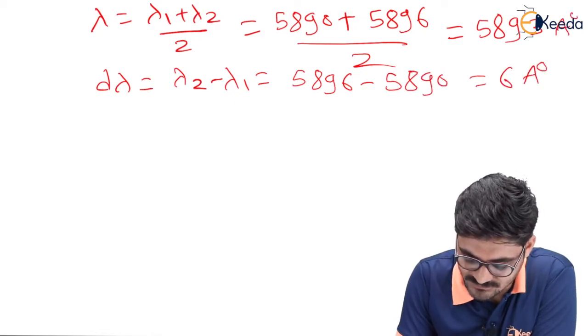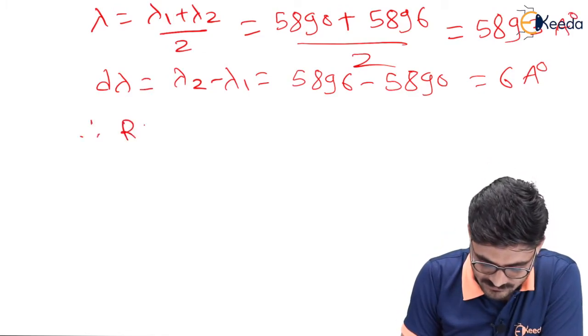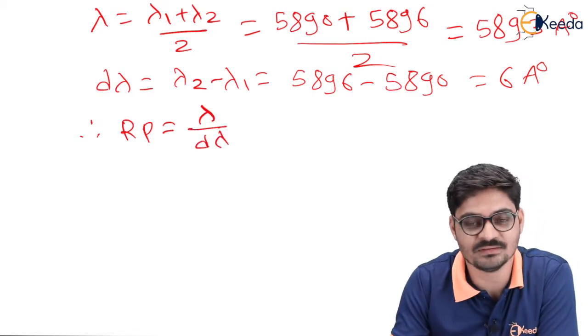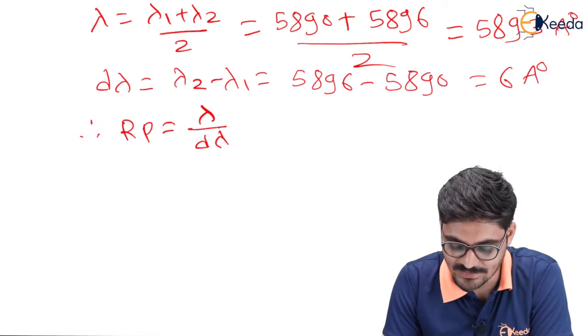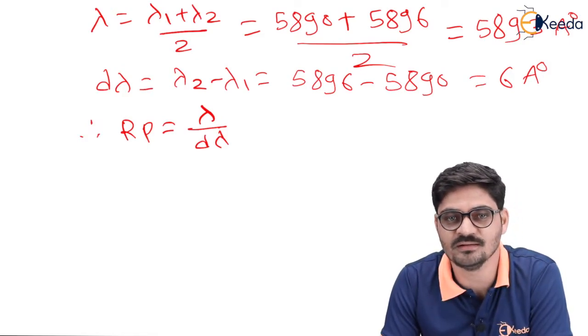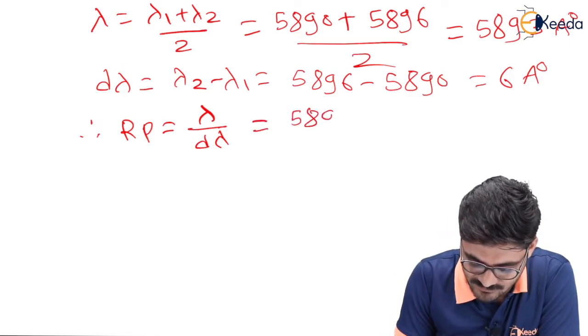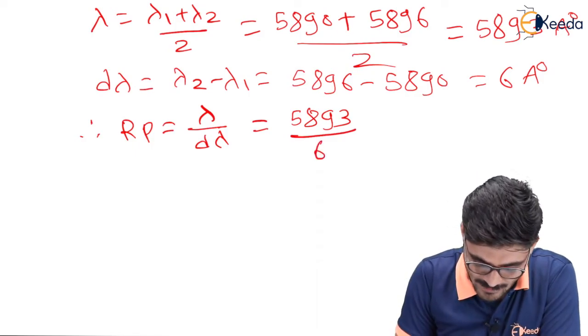What is the beauty of this numerical is the resolving power is the ratio of lambda upon d lambda. So you don't have to convert this Armstrong into meter, because numerator and denominator both are in Armstrong. So what is lambda you have obtained? It is 5893, and d lambda you obtained is 6.